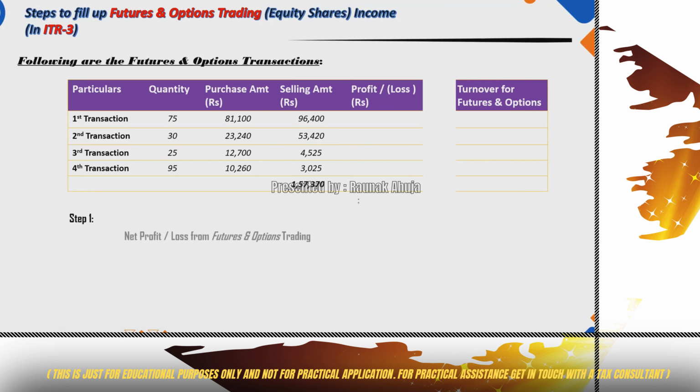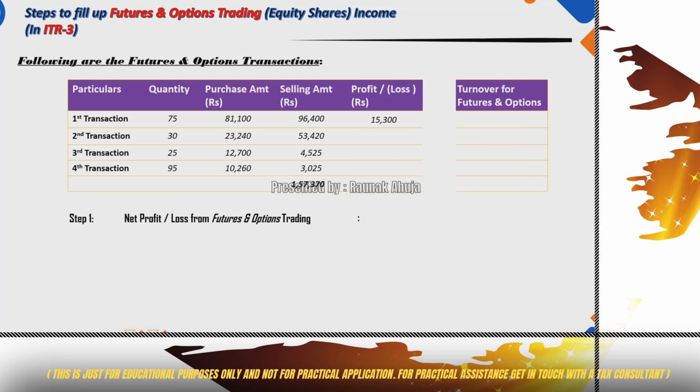The first step would be the calculation of net profit or loss from the futures and options trading. In the first transaction, the selling amount is 96,400 and the purchase amount is 81,100. And thus, the profit or loss from the first transaction would be 15,300.